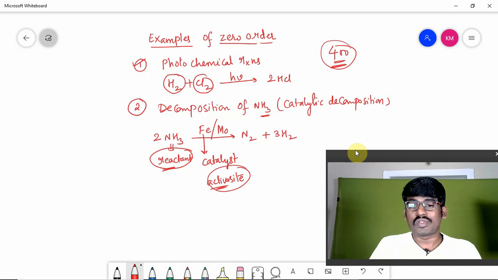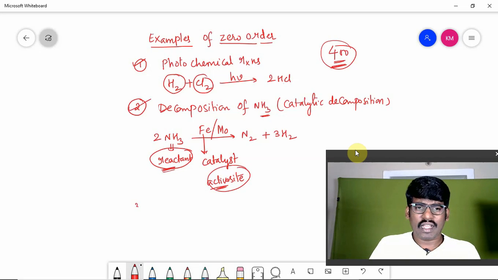So here also the rate of reaction is independent of the concentration of the reactants. Hope you understand that. And these two are the best examples.